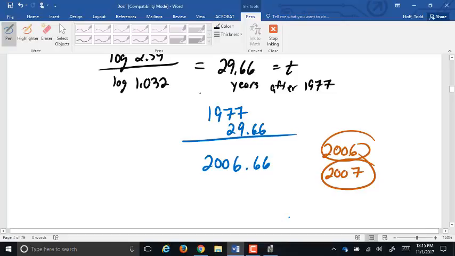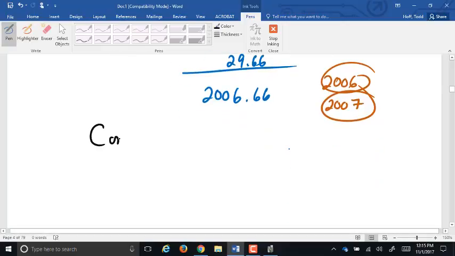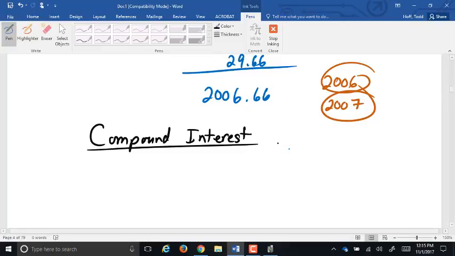On the next piece here, problem number 8, they give us the formula for compound interest. Compound interest is for savings accounts where the interest is added in every set period. N is the number of periods in a year.